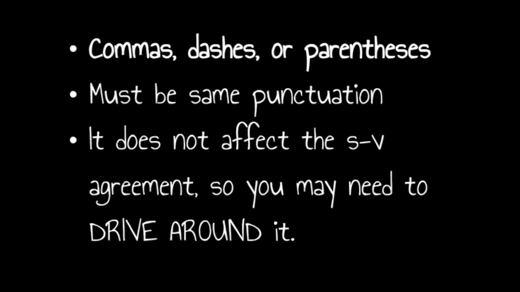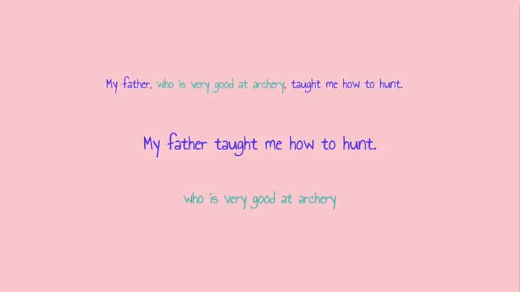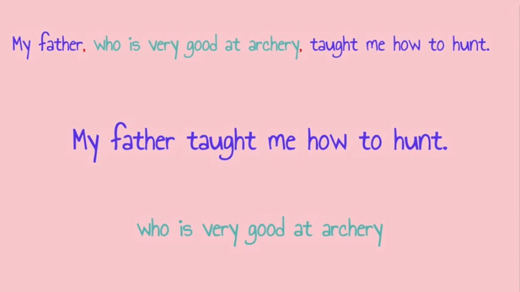Here's a simple example. My father, who is very good at archery, taught me how to hunt. The blue part of the sentence is the simplest part of the sentence. The green part is the parenthetical phrase. Notice that it has two commas, one on either side.